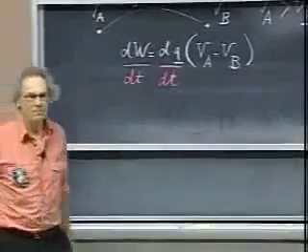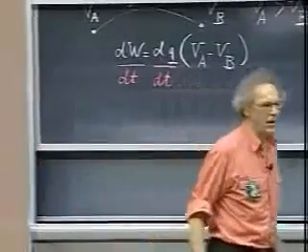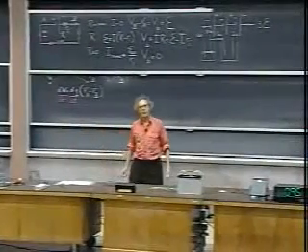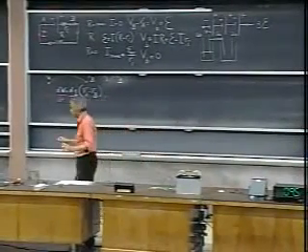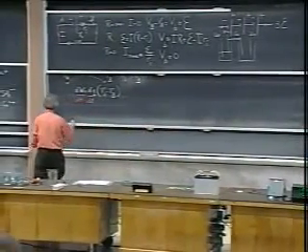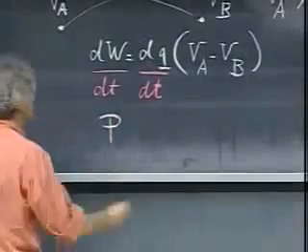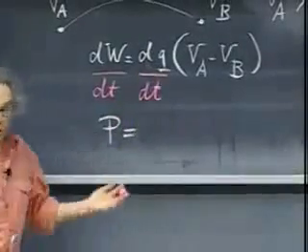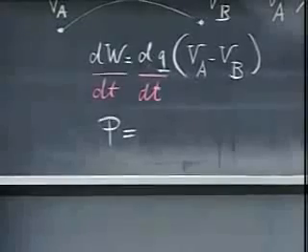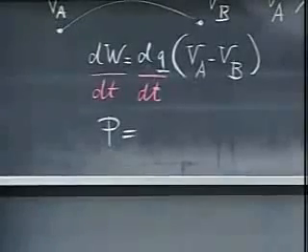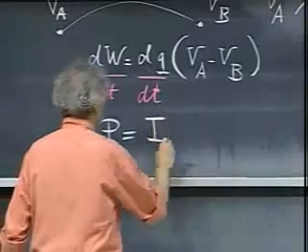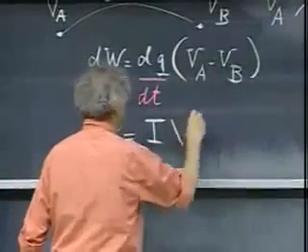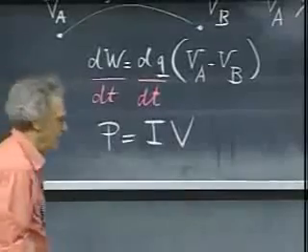And now we say, aha, what we have on the left side is now work per unit time. That's power, joules per second. So this now is power. dq dt is current. How many coulombs per second flow? So this is current, I. And the potential difference I simply use that symbol V.